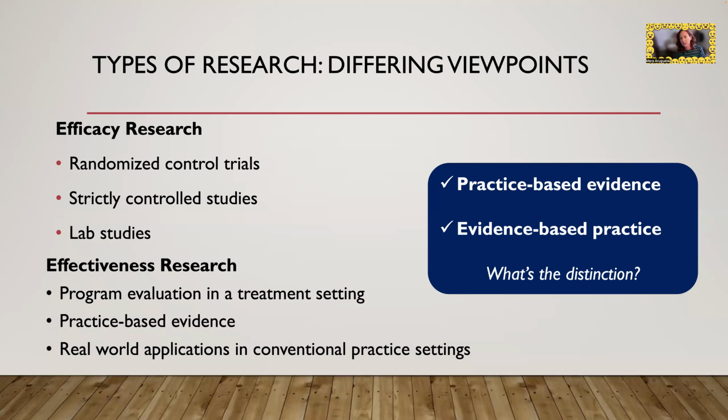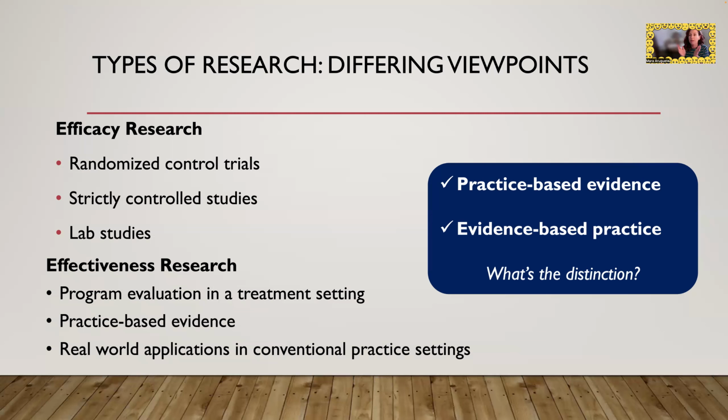So I want you to think about these two terms: practice-based evidence and evidence-based practice. Those are two different things. When we talk about effectiveness research, we're talking about practice-based evidence. That's where that evidence is coming from.